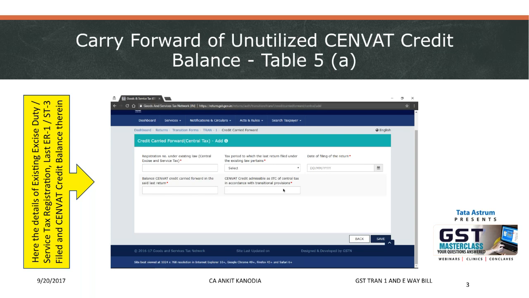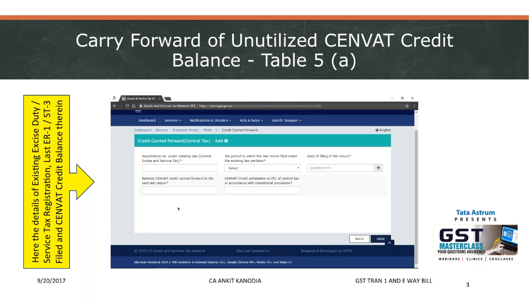It uses the words CENVAT credit, and CENVAT credit under the old law, when you refer to the CENVAT credit rules, includes credit of excise, service tax and KKC also, because KKC was allowed to be set off against the output liability of KKC. So in my humble view, CENVAT credit would include the credit of KKC if it is carried forward, but as regards EC and SHGC, the same is again very litigative.